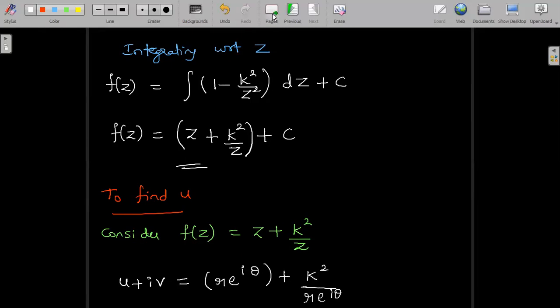So this helps us now to split. Before I split, I have to first write the e power i theta in the denominator to the numerator. So f of z is nothing but u plus iv. So left hand side is u plus iv, equal to the right hand side. First I will keep this r e power i theta as it is. Next term, k square divided by r, as it is first, e power minus i theta.